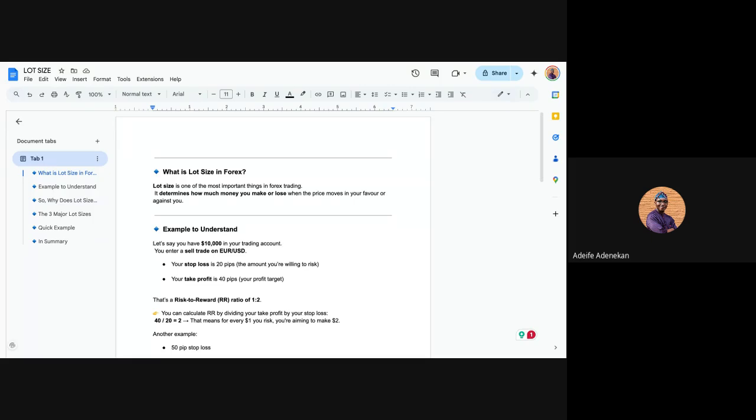How you make money or how you lose money depends on the lot size that you're using, as regards the account size. So now that you have a proper understanding of pips, right?